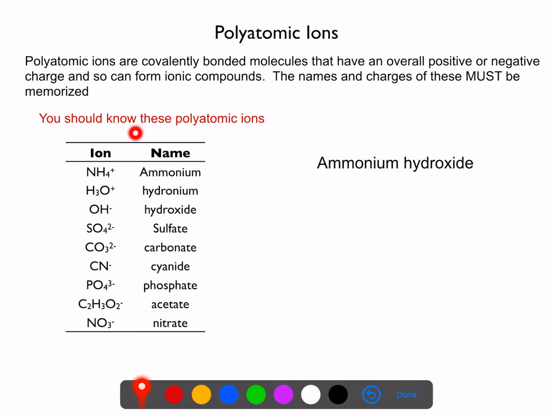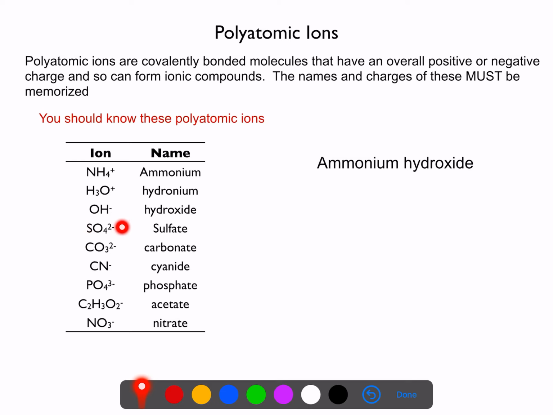So we need to be familiar with some of these polyatomic ions, and we can see here, so for example, ammonium, NH4, is all covalently bonded together, but collectively this unit has a charge of +1. We can look at something like sulfate, SO4 2-, again, comes as 1 unit collectively, but overall has a 2- charge.